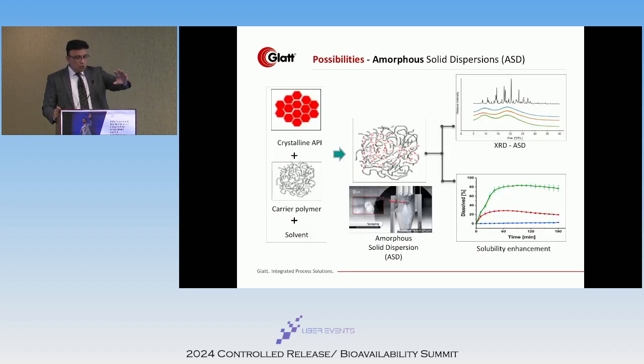Now, looking at the background of it, we take the API, disperse it into the polymer network, mix it, apply it onto the substrate, and these two graphs we took from one of our products that were made. Looking at their dissolution and XRD, you can see that they are really a true amorphous solid dispersion, and the enhancement of the solubility is obvious here.